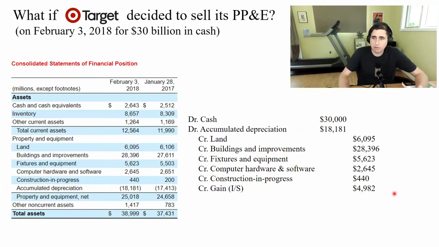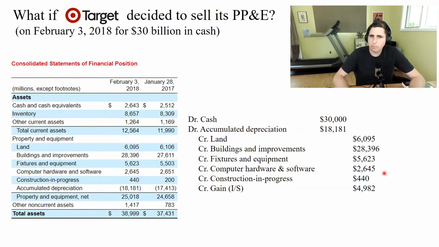You calculate it, and the amount of it is $4.9 billion. And that goes to a gain account on the income statement. So on the income statement, you might have a caption called gain on sale of property, plant, and equipment for $5 billion. That's what Target would be reporting on their income statement if this transaction happened, okay?